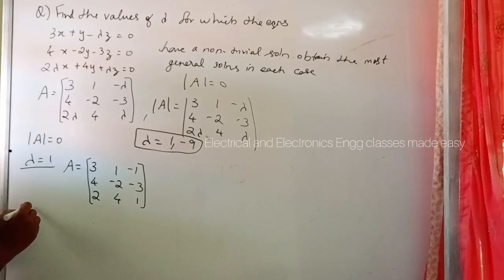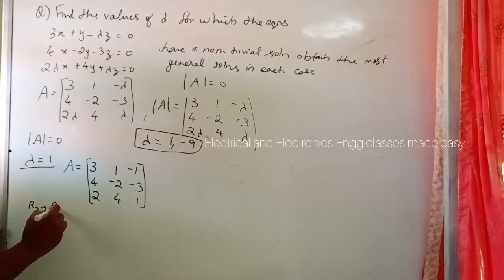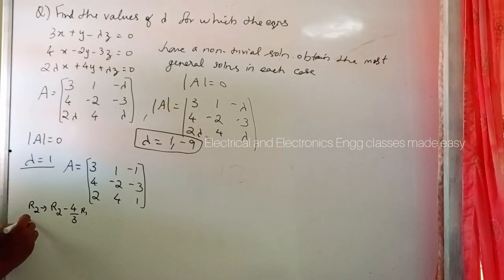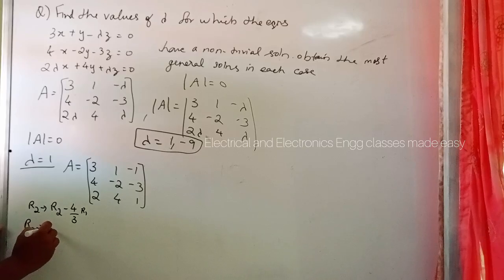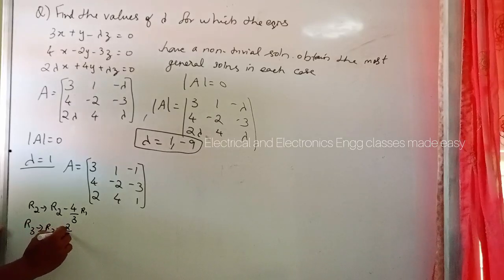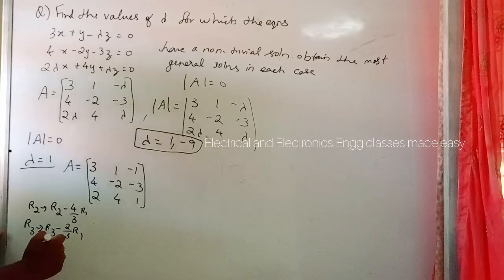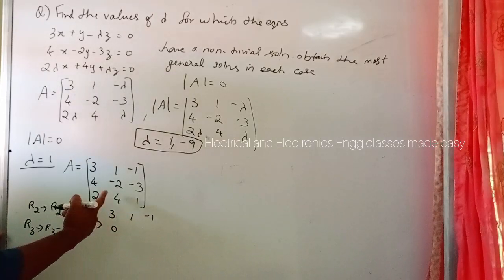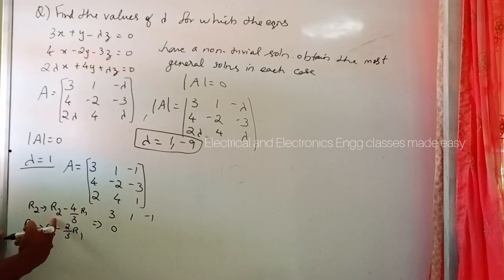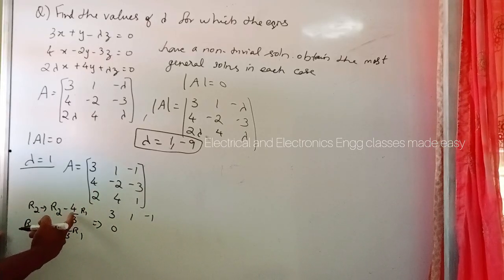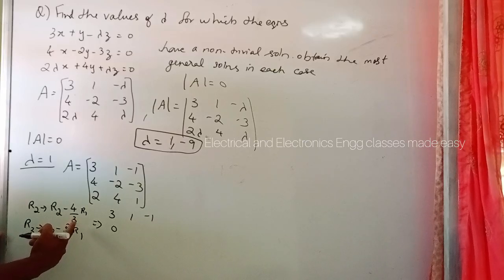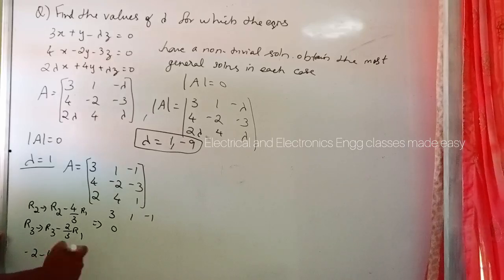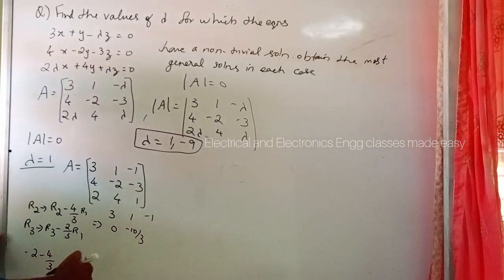That is, R2 implies R2 minus 4 by 3 R1, and also R3 implies R3 minus 2 by 3 R1. So here we will get 3, 1, minus 1, 0, then minus 2 minus 4 by 3, that is minus 10 by 3.